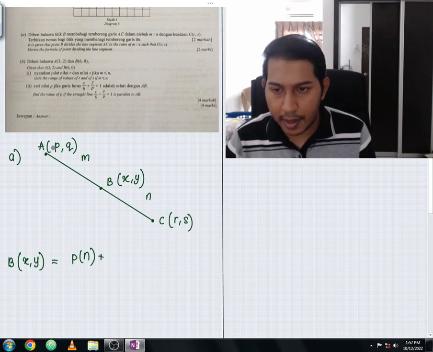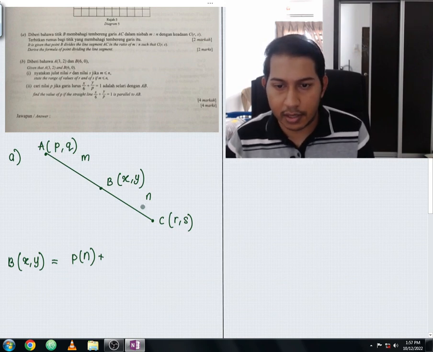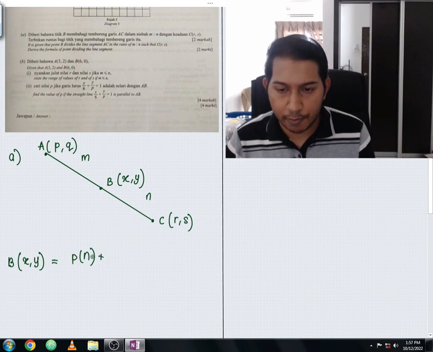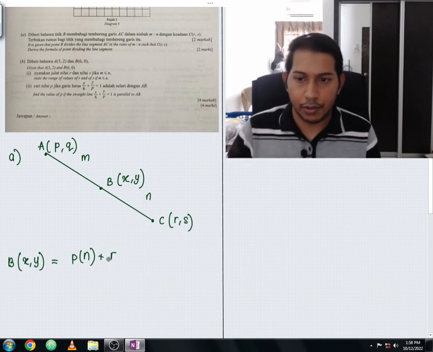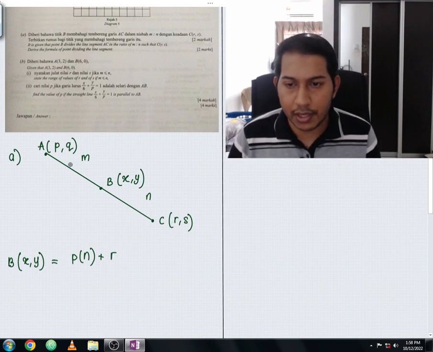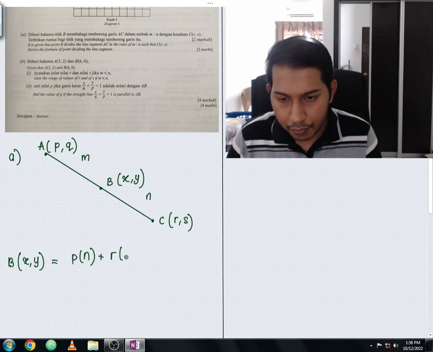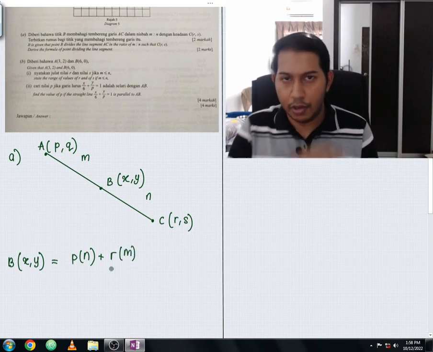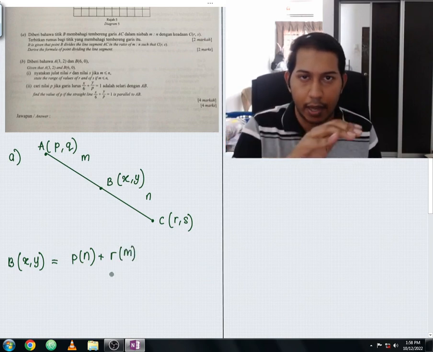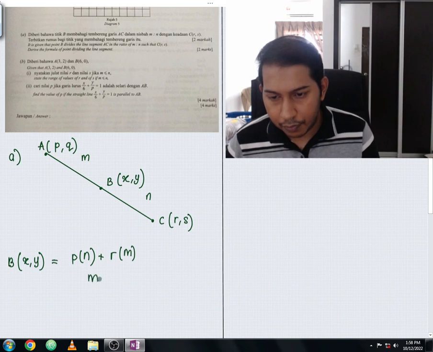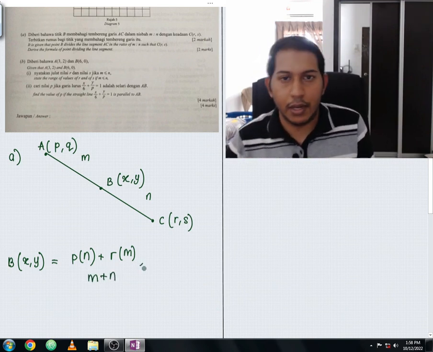P times the opposite ratio, in this case n. And then you plus r times the opposite ratio, in this case m. And then you divide by m plus n, the summation of ratio. So this is for the x coordinate.